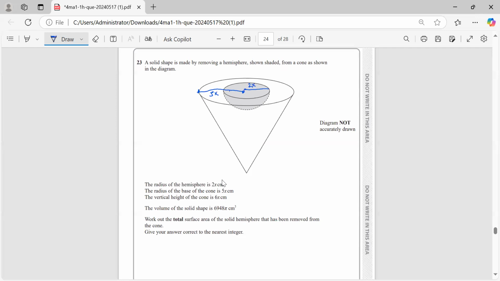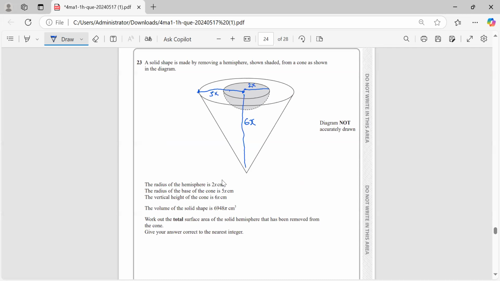So the vertical height of the cone is from here down to there, which is 6x. All right. And then they say that the volume of the solid shape is 6,948.